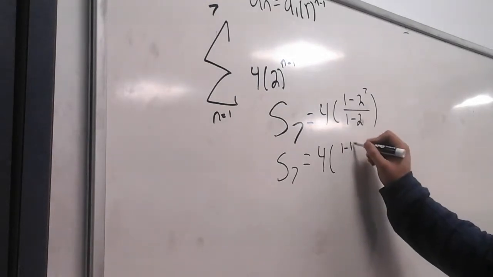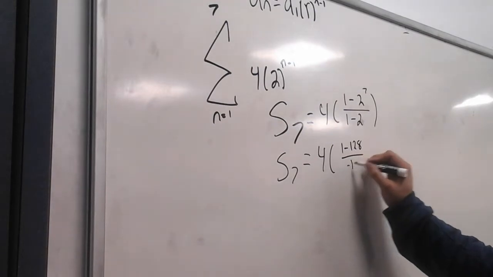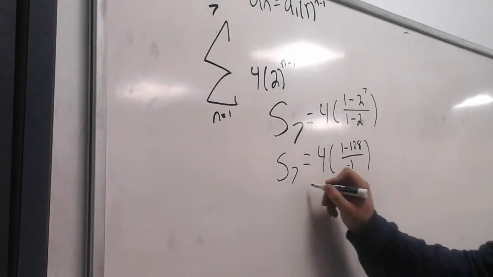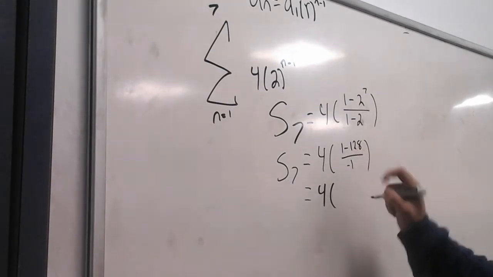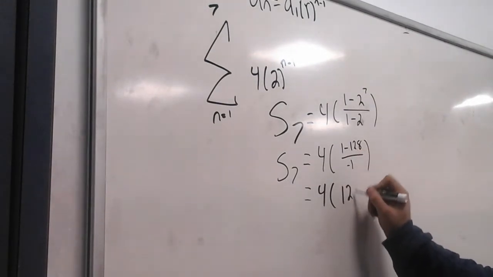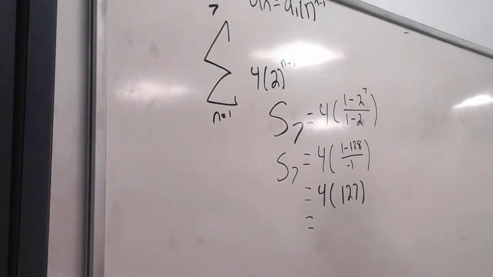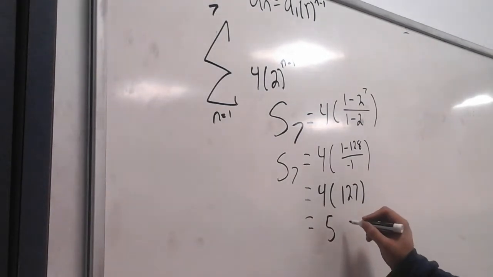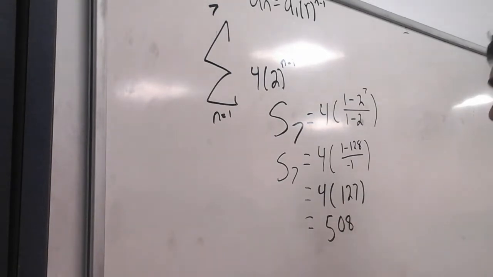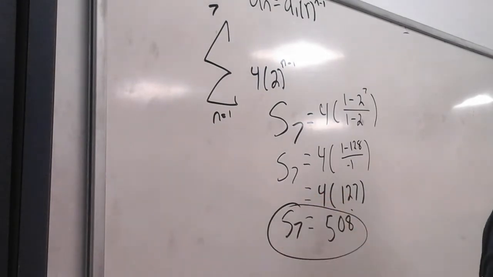So 1 minus 128 over 1 minus 2, which is negative 1. 4 times negative 127 over negative 1 is going to give me just positive 127. And then 127 times 4 is going to be 508. So the sum of the first 7 terms is 508.